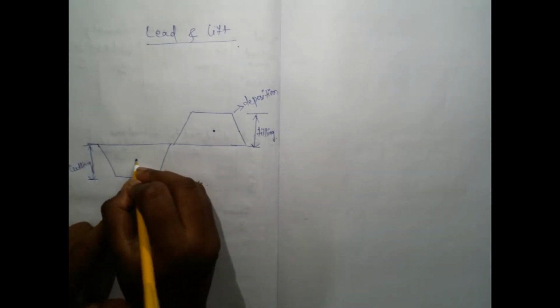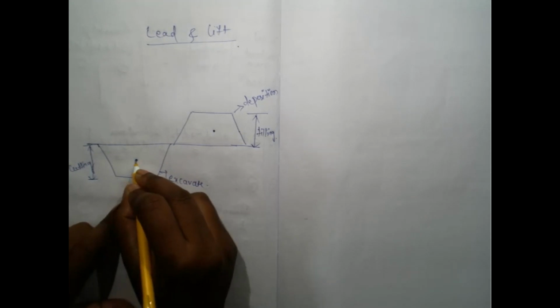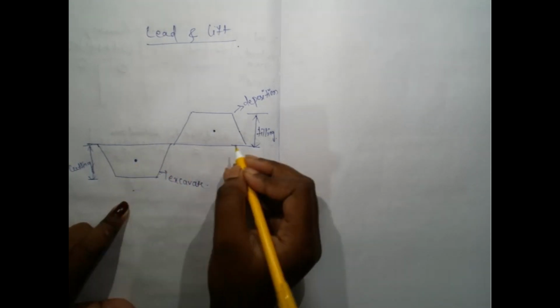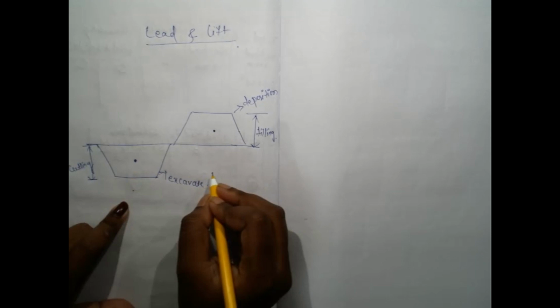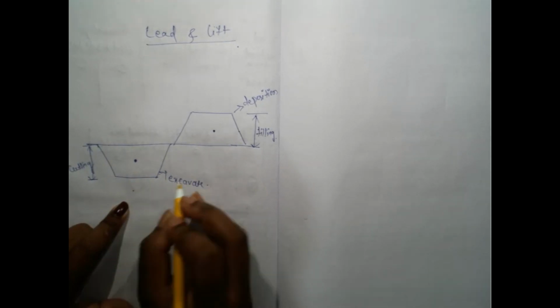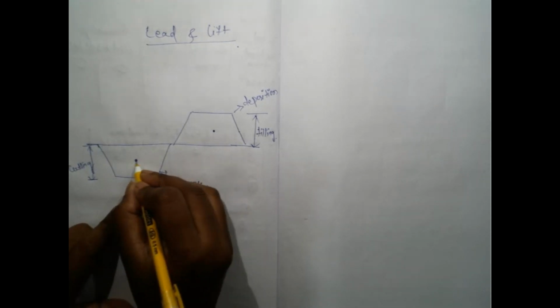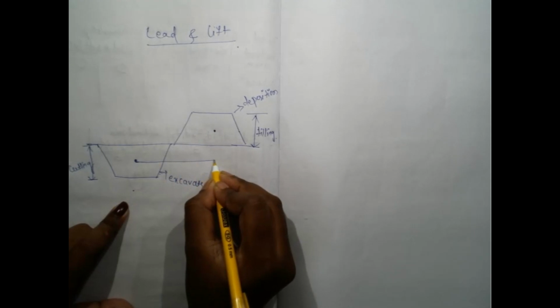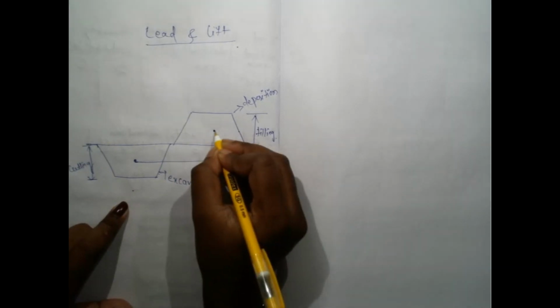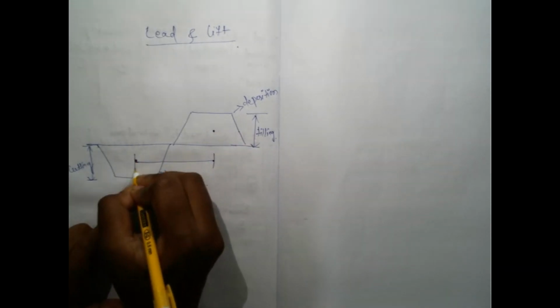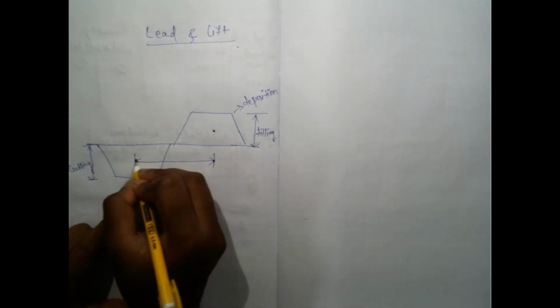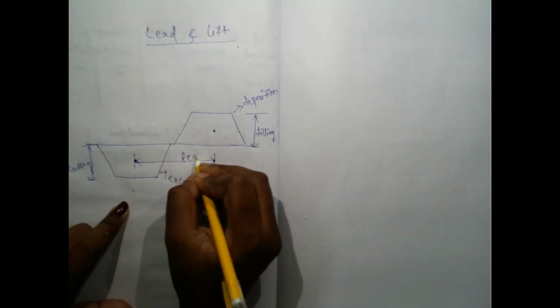So look, from the center of the cutting to the center of the filling, horizontally, the horizontal distance between the center of excavation to the center of deposition, this is the center of deposition and this is the center of excavation, is known as lead.